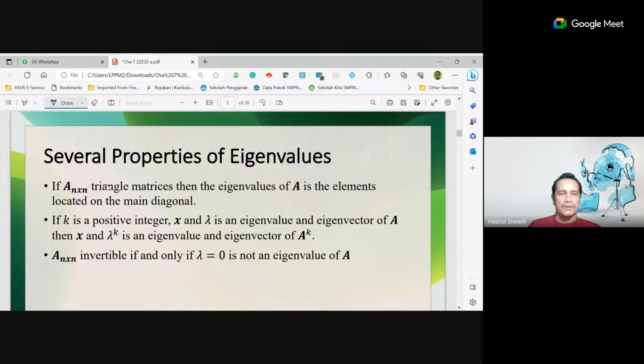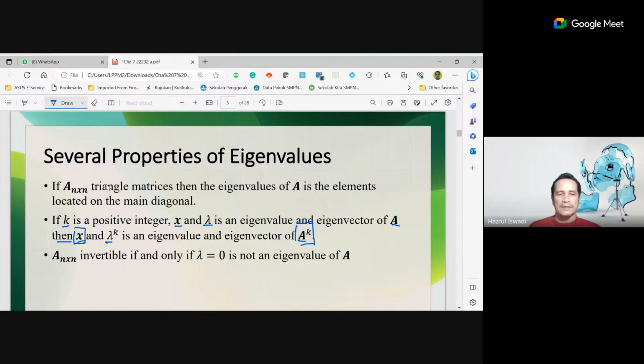Okay, let's continue. If k is a positive integer, and x and lambda are an eigenvector and eigenvalue of A, then x and lambda to the power of k are an eigenvector and eigenvalue of A to the power of k. So we don't need to calculate the eigenvalues and eigenvectors of A to the power of k.